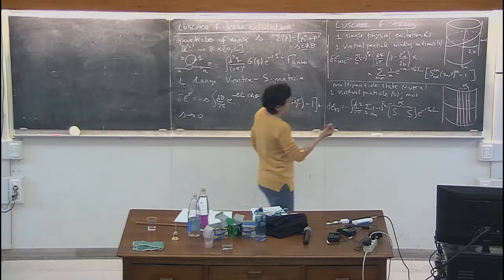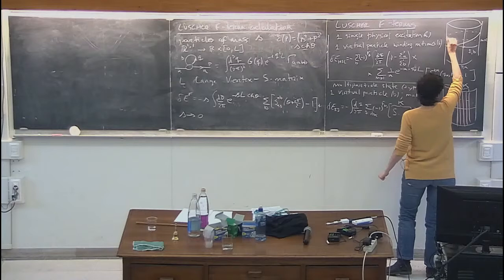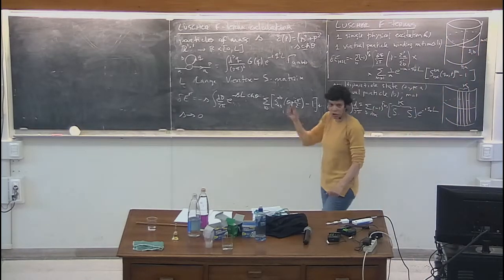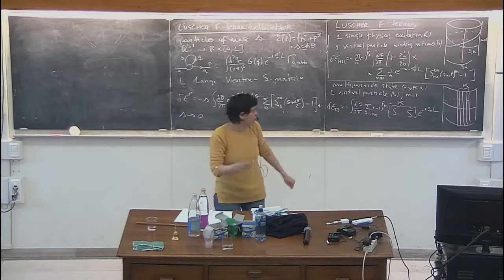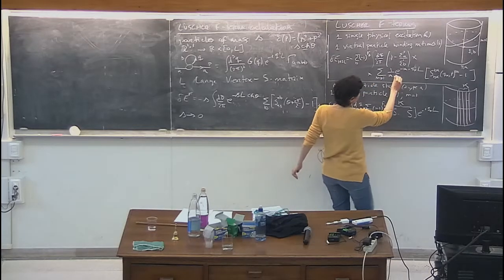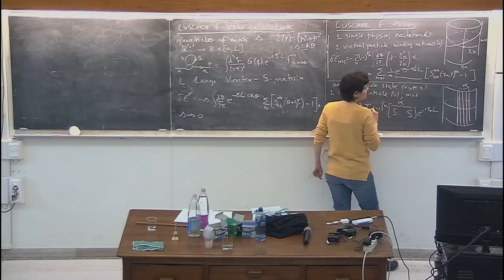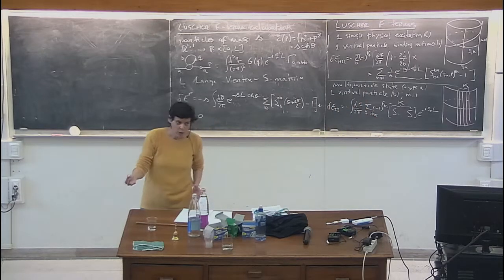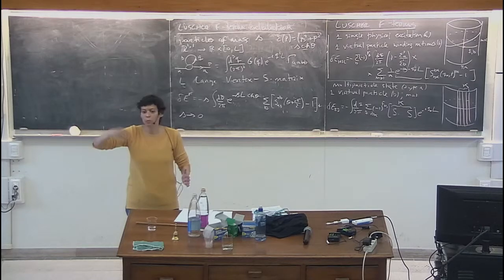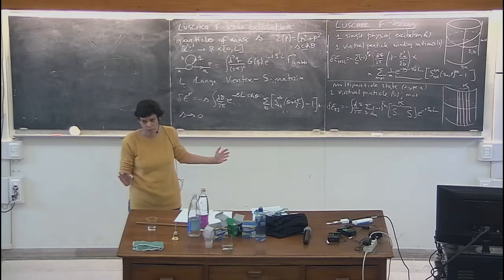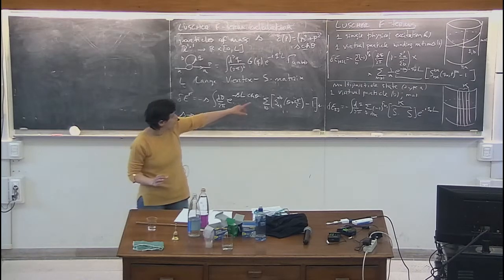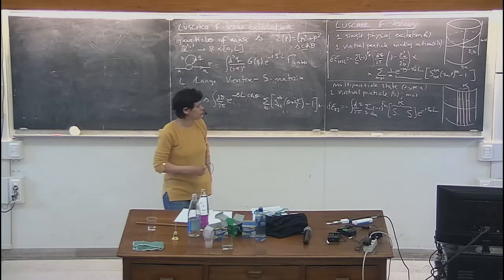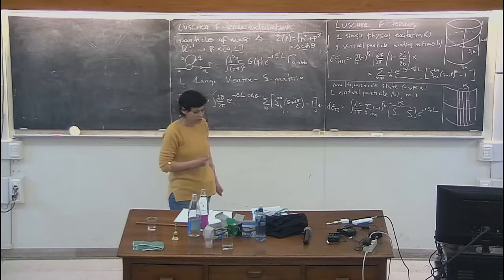And they assume that they had a virtual particle winding around the cylinder m times, not only once, but m times. And you can see that the exponential comes with the m times. So the leading one would be basically m equals 1, and then the other ones are even subleading. All of them are exponentially suppressed, at least with mass equals 0. The leading one is m equals 1. The other ones would be more exponentially suppressed.